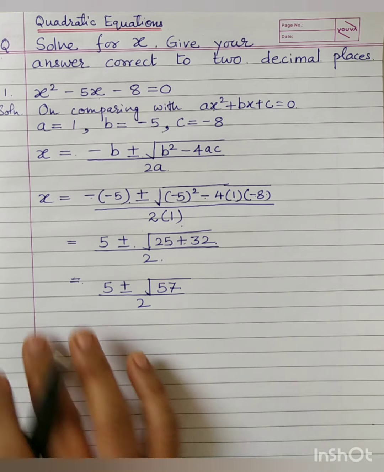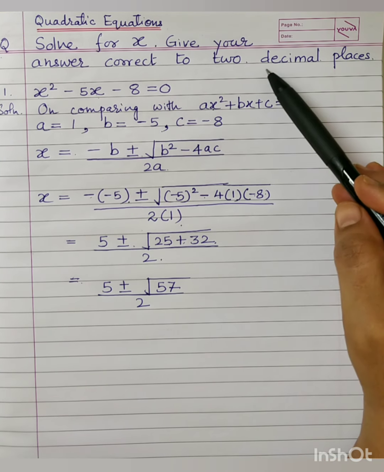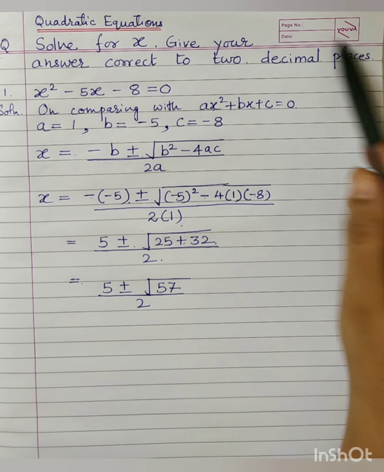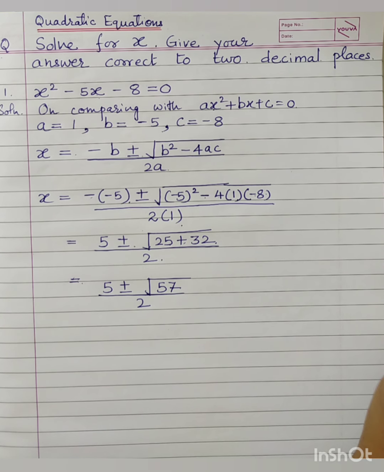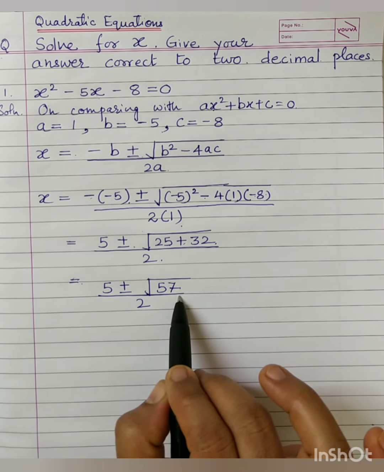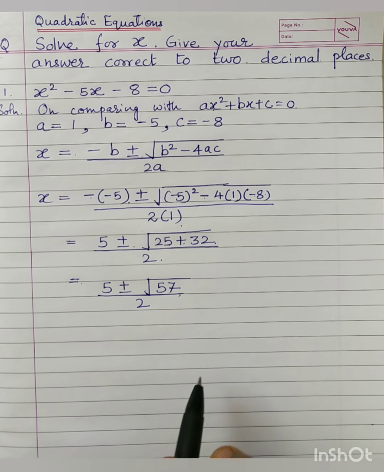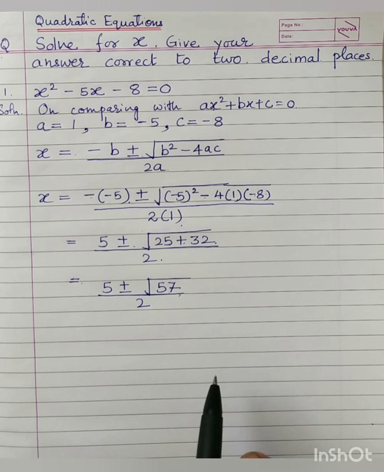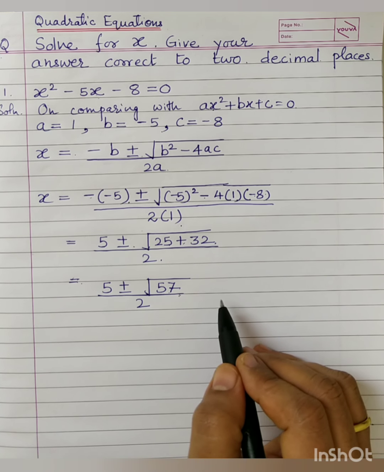But in ICSE, the questions are asked to give the answer correct to 2 places of decimal or significant. Here we are finding till 2 places of decimal. So for that case, you need to substitute the value of under root 57. You are provided with log tables and you can find the value of under root 57 from that.